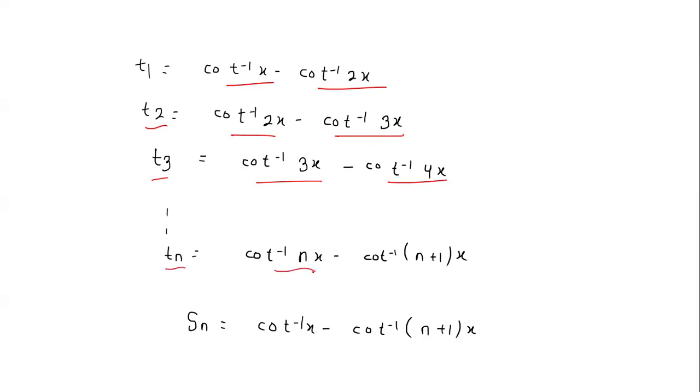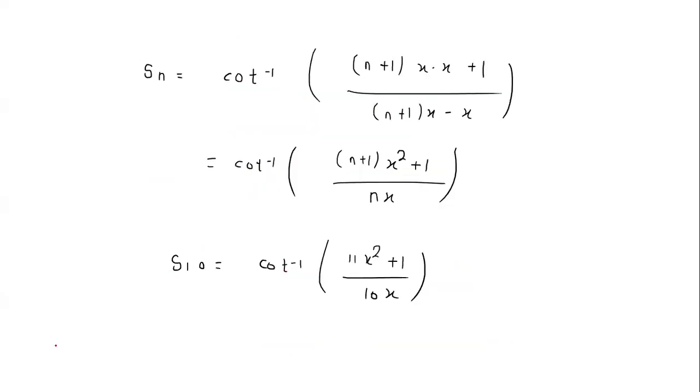The nth term is cot inverse of nx minus cot inverse of (n plus 1) times x. Now if you add all of these, all the middle terms will cancel, and the remaining thing is only the first term and the last term, which is cot inverse of x minus cot inverse of (n plus 1) times x. So this is our summation.